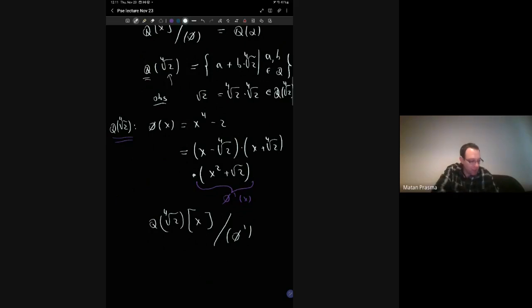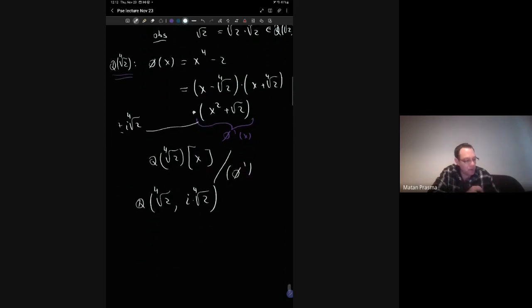But in practice, what I get is now I have Q of fourth root of 2, and let's say I times fourth root of 2. Right? Because the roots of this guy are plus minus I fourth root of 2.